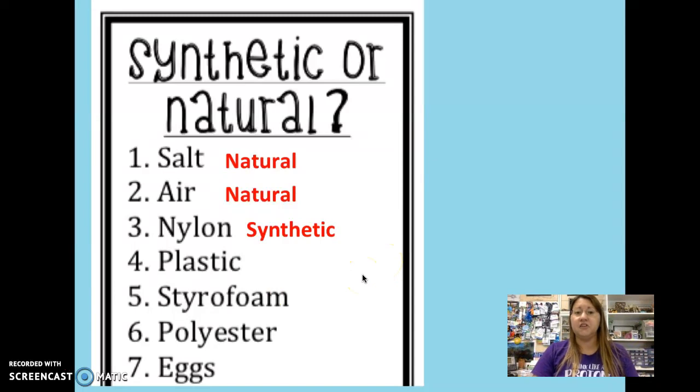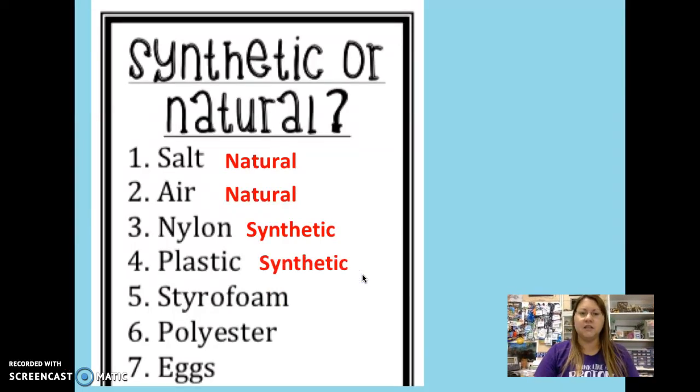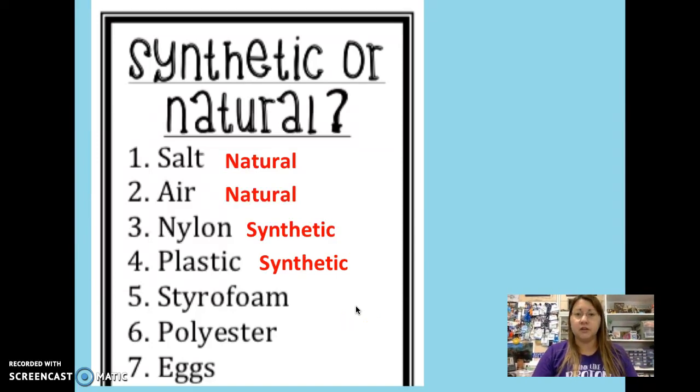Plastic, synthetic or not? It is synthetic. It is actually fossil fuel based, so it uses some natural materials as a lot of different products do, but it's synthetic. It is produced. Styrofoam, synthetic. Polyester, synthetic. Again, it's a material used in a lot of shirts, and it has a slick feel to it, similar to silk.